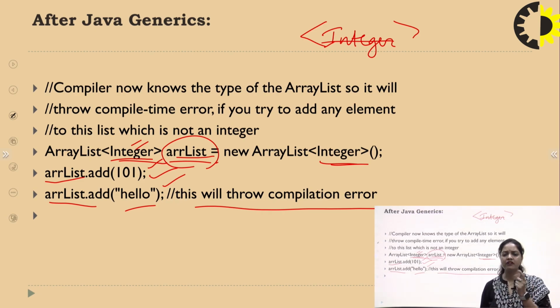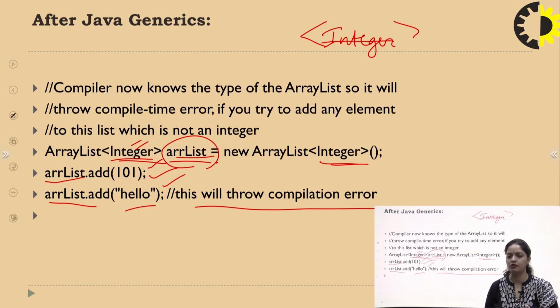As we know in Java, the execution process is a multi-step process. First is the conversion of the source code into object code, and then that object code into byte code, into executable code. So this is a three-step process in Java.